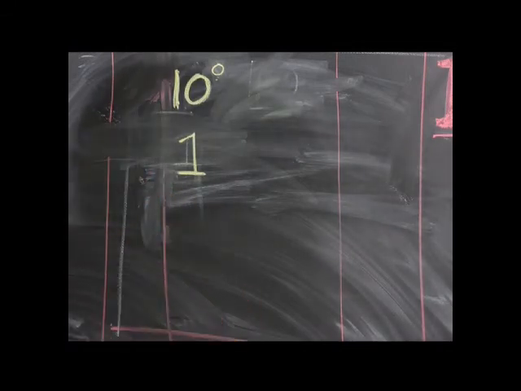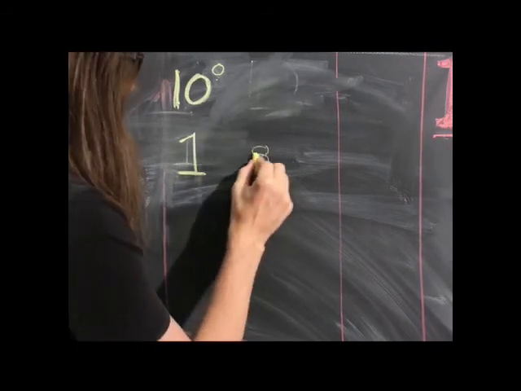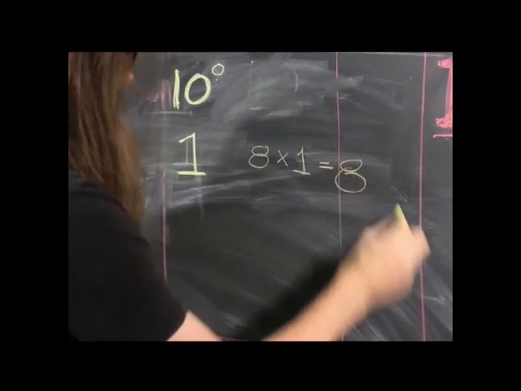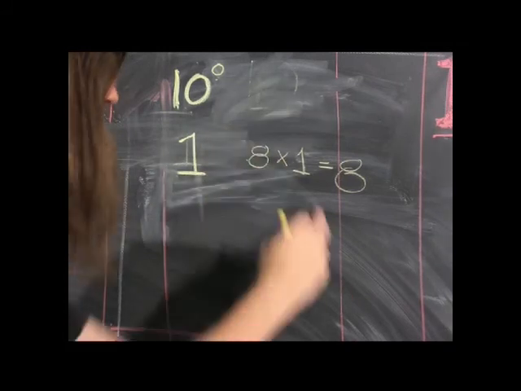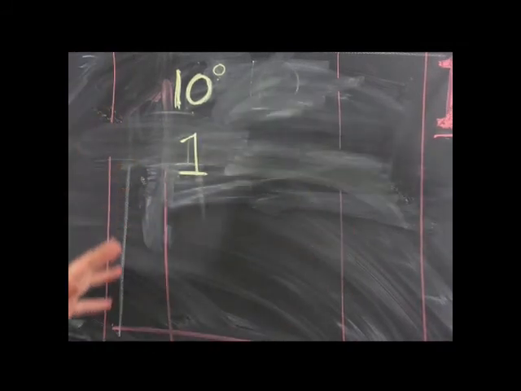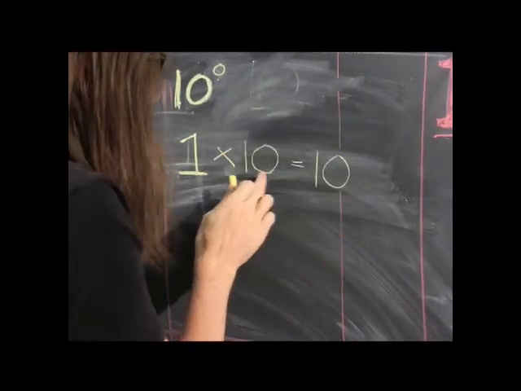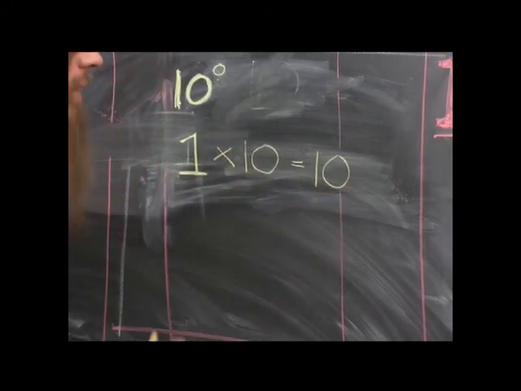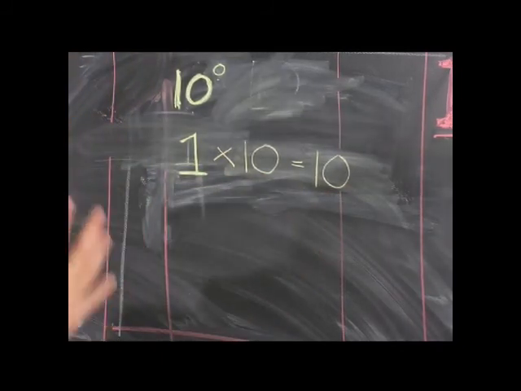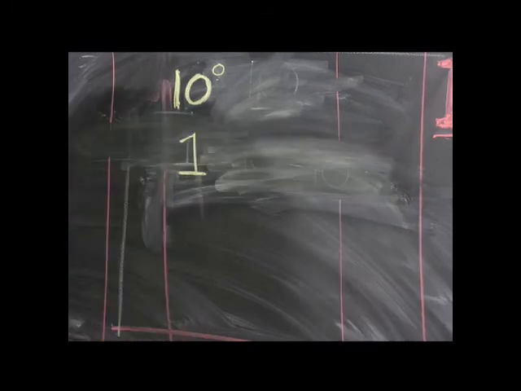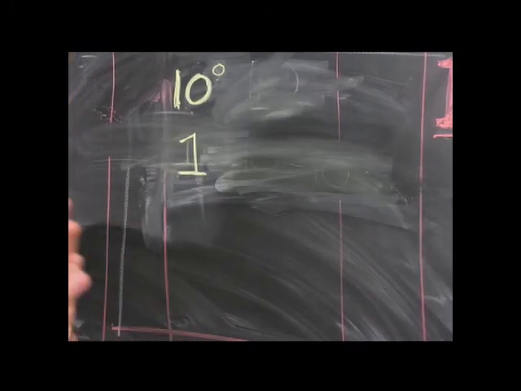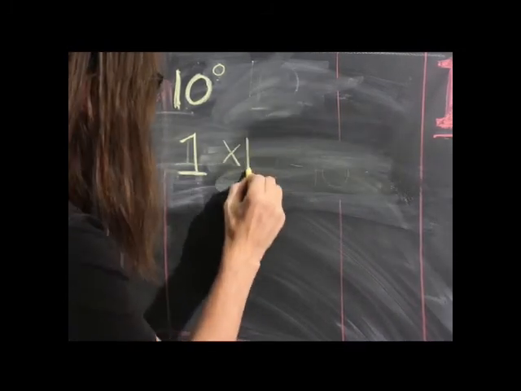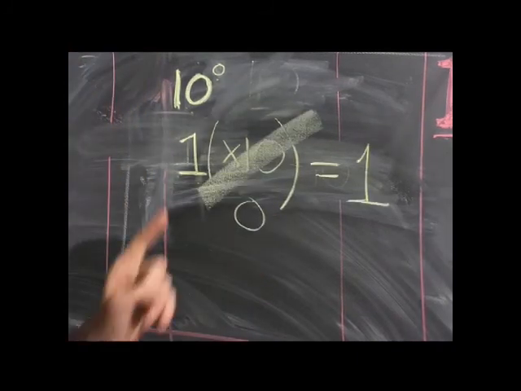Let me give you an example. If I have the number 8, and I multiply it by 1, 8 is unchanged. Now, if I multiply 1 by 8, 1 is changed. It's changed into 8. And it's the same thing when you multiply 1 by 10. 10 isn't changed. 1 is changed. The answer is 10. So what is 10 to the 0? It means you take 1 and you multiply it by 10 0 times. We're not talking about 1 times 0.